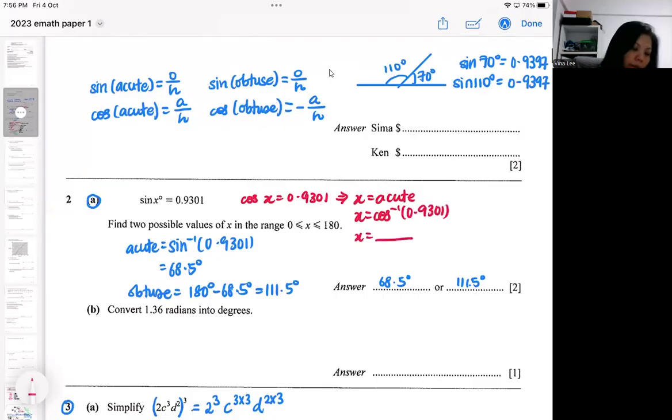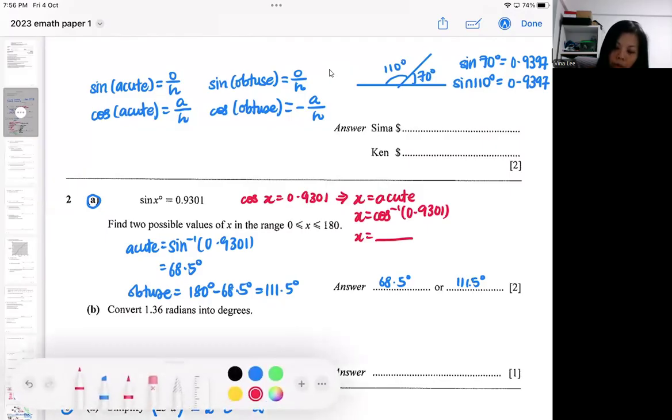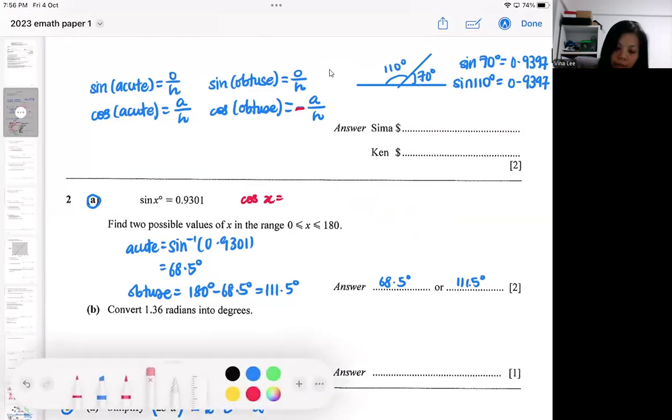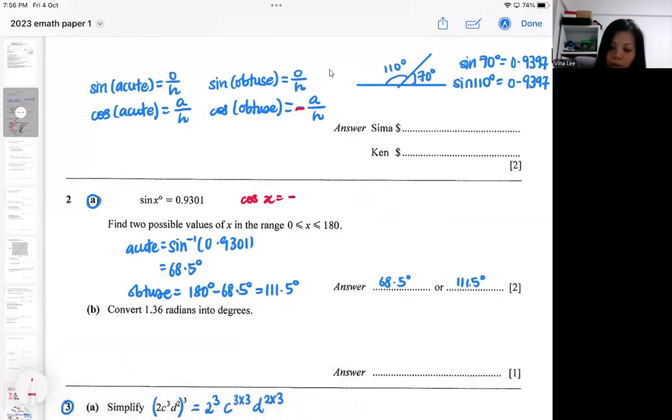Now if it is a negative, I'm going to change it to negative. Follow this idea: if we change the answer to the question to a negative, we know it's going to be obtuse, because it matches this formula.